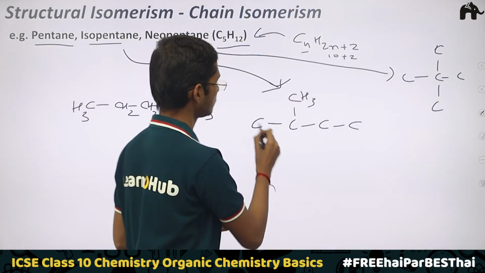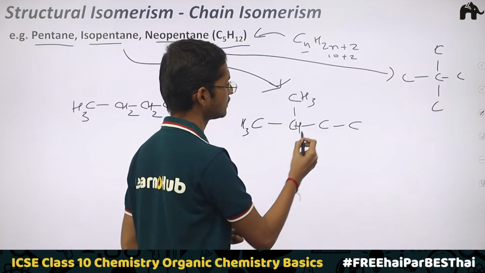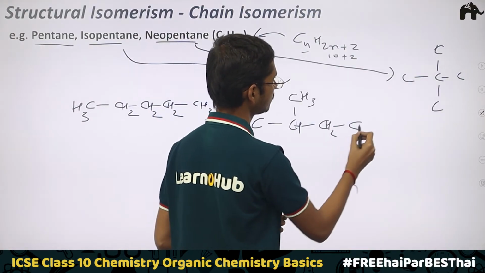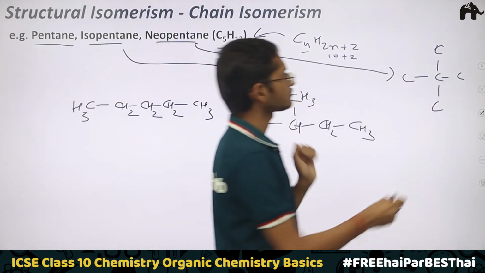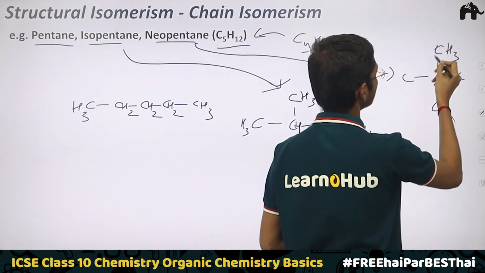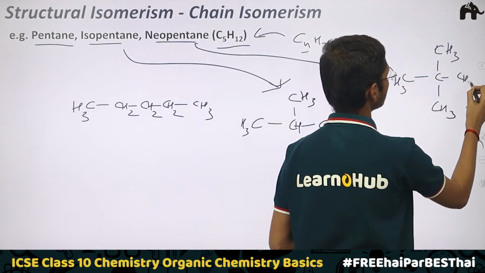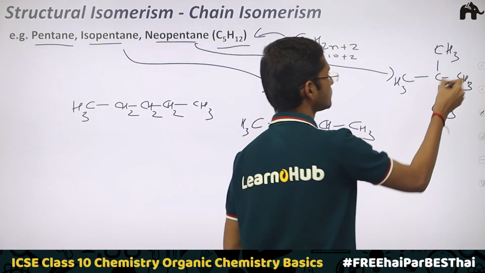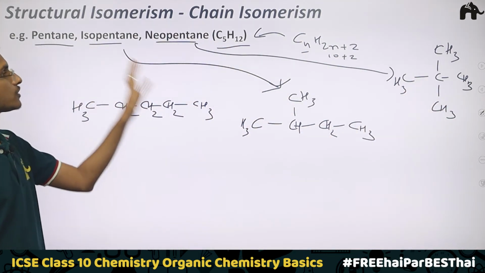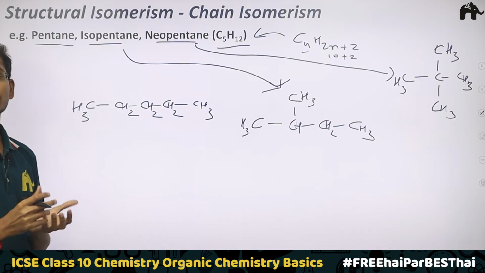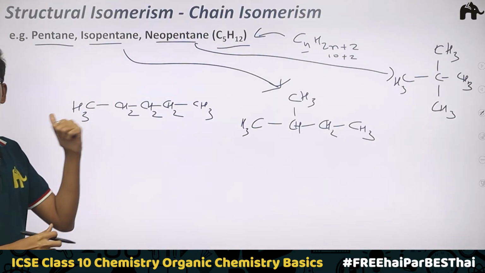Here 3, 4, 3, 4, and this is already satisfied, 1, 2, 3, 4. So these are the structures for the isomers of pentane. In the exam they may ask you this question, and it has been asked, not only about pentane but about butane as well.